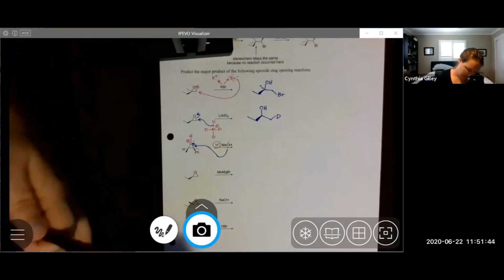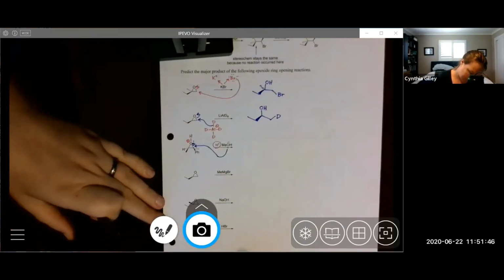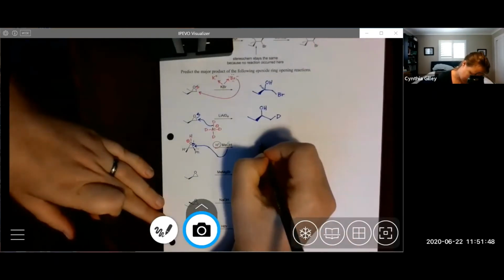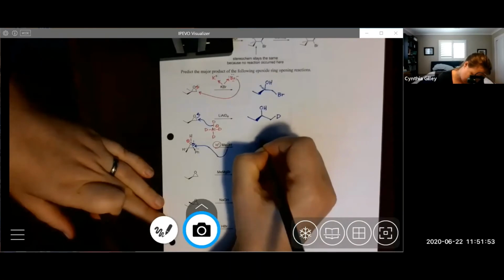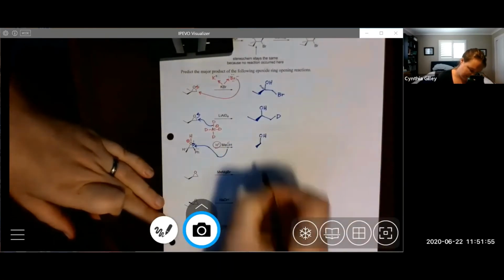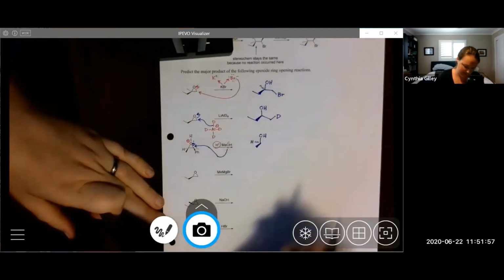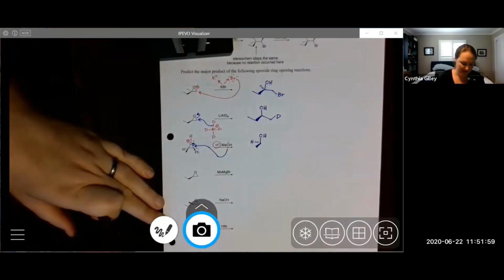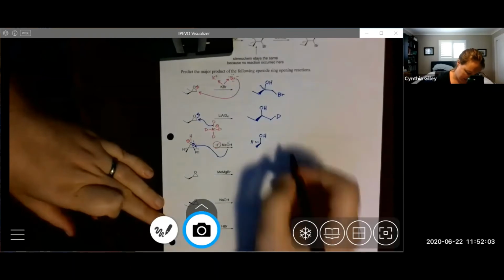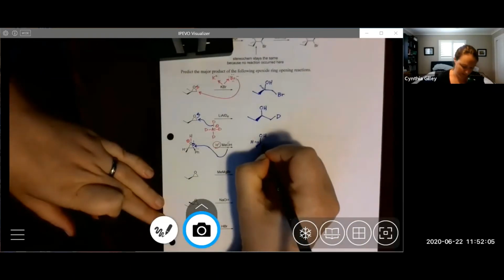Okay, so when we draw this one, we're just going to be careful not to change the way this one is drawn. And because he went ahead and drew the hydrogen pointed back, I went ahead and did it. That's optional. And we have our bond there.